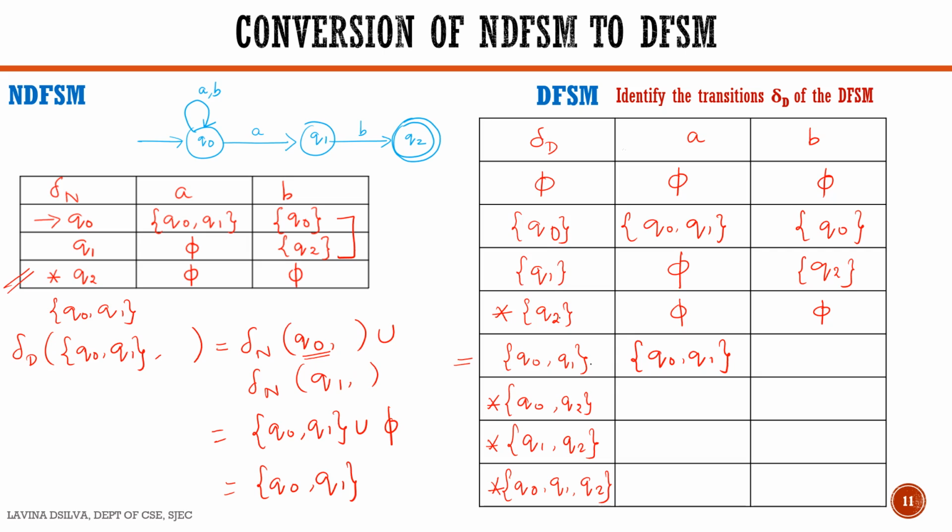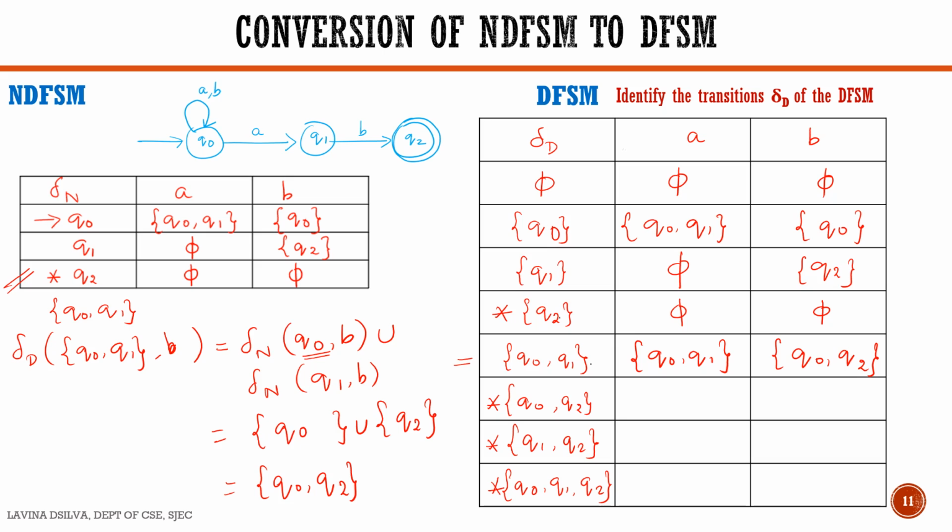So if we are considering Q0, Q1 on B, then we'll have delta N transition of Q0 and B, and delta N transition of Q1 and B. Therefore, we have Q0 union Q2, that will be Q0, Q2. Therefore, we have a new state which is written as Q0, Q2. In this manner, we go ahead with all the other transitions.